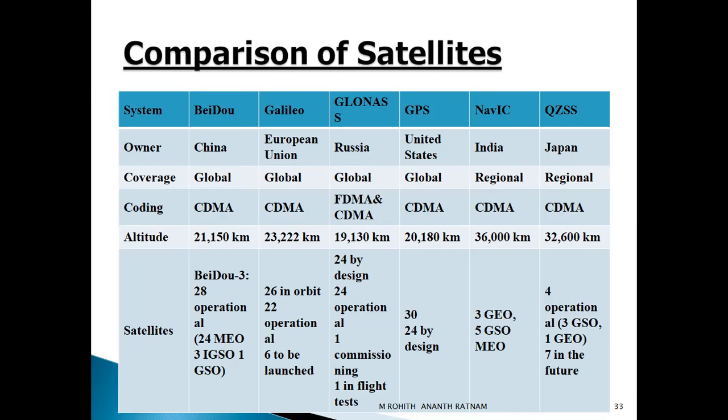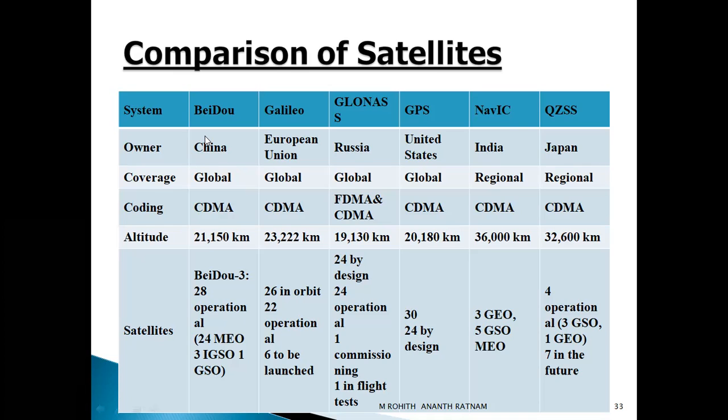We can see the different satellite systems: the first one, BeiDou, which is China's, Galileo for Europe, GLONASS is Russian, GPS is for the United States, American satellites, NavIC is the Indian satellites, QZSS is for Japan satellites, right?